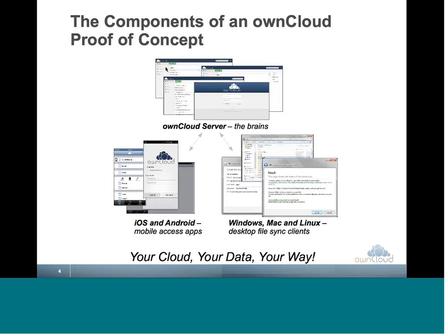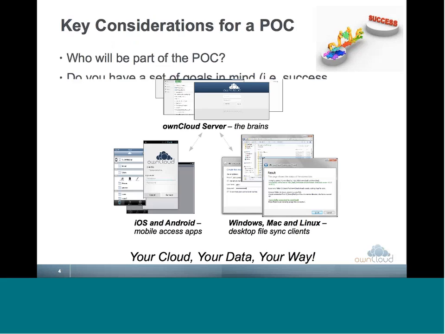So those are the three elements of the POC that we want to keep as a backdrop as we go through some of the tactics and details around setting this up.